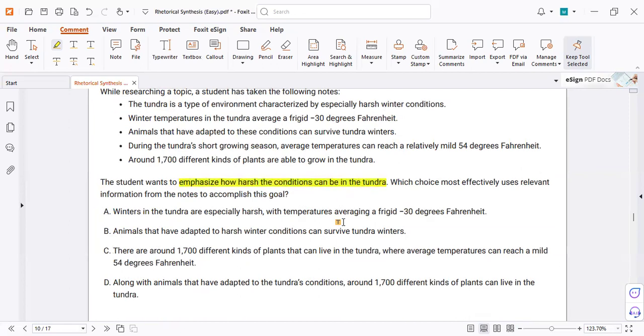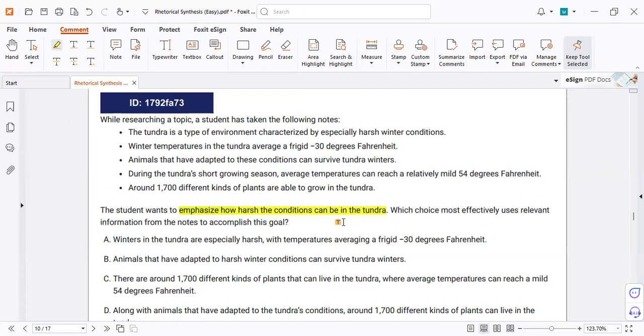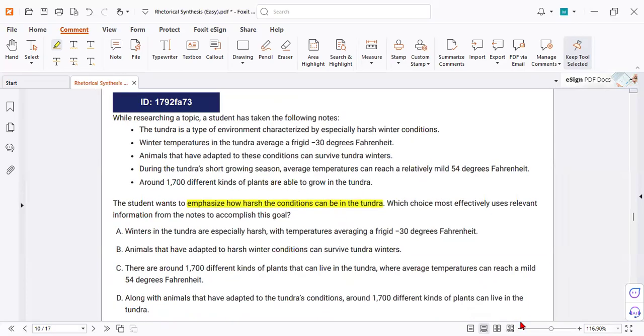Harsh conditions. So it wants the answer which explains how harsh it is in the tundra.